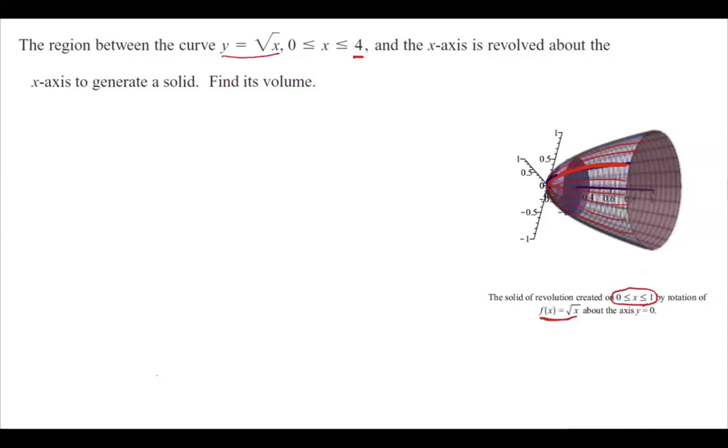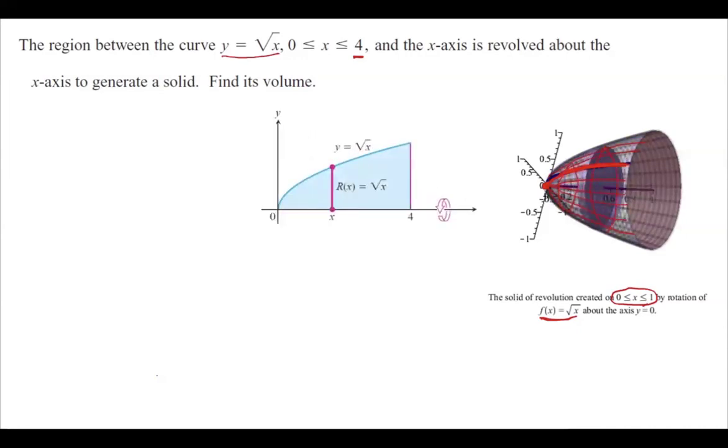Remember that we need to find the cross-section. The cross-section, as you see, is just a circular object, this circular shape in purple, and it is moving. It starts from the smallest value, which is the origin, and starts increasing toward the right-hand side.